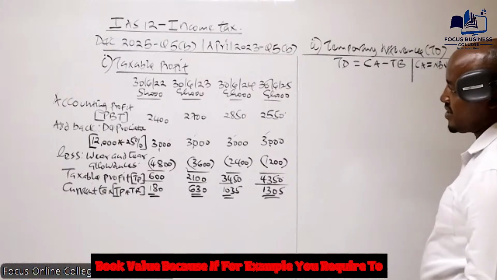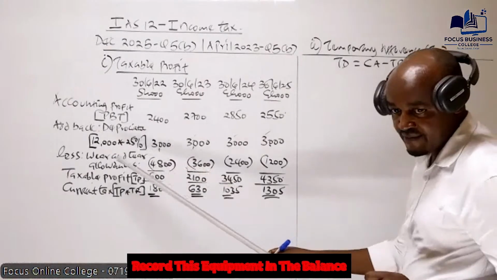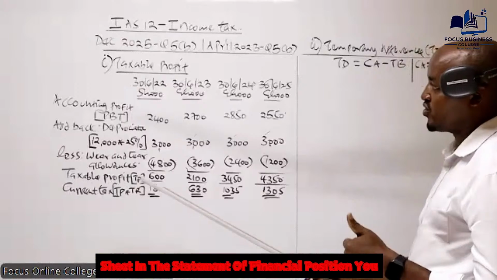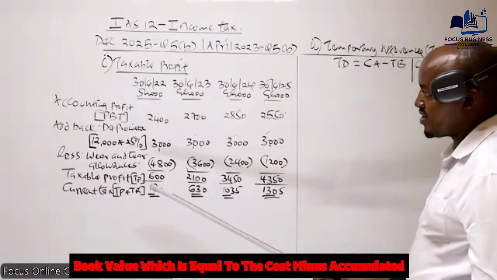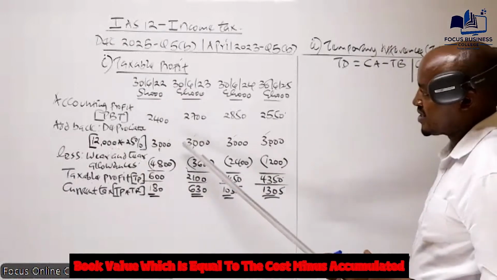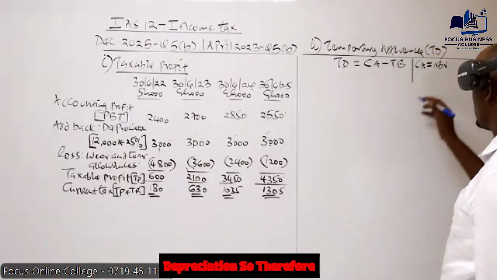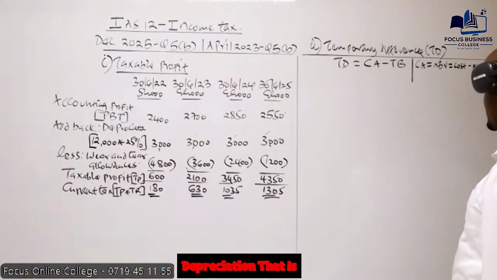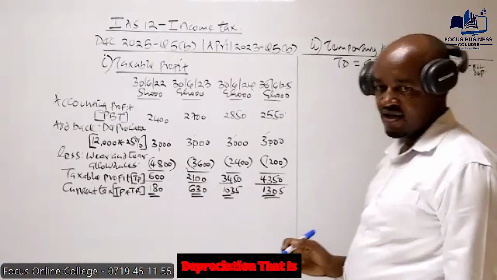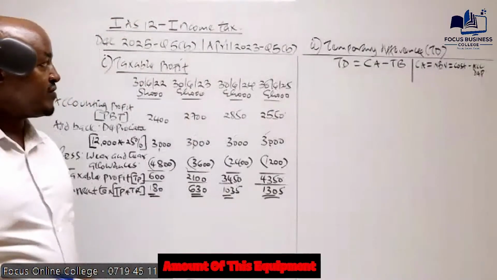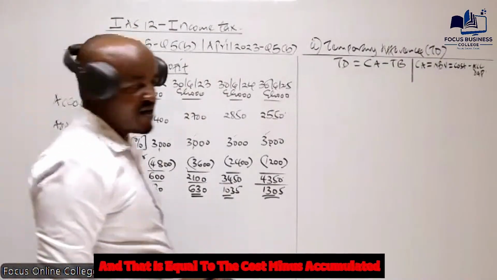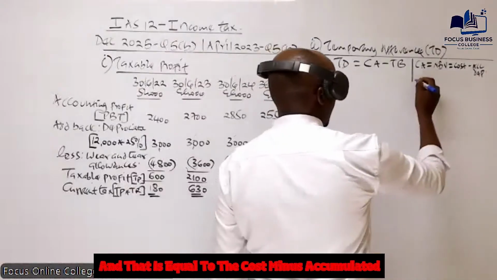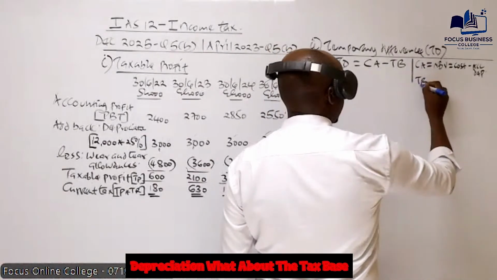If you are required to record this equipment in the statement of financial position, you record it at the net book value, which is equal to the cost minus accumulated depreciation. That is what is important for you to know. What about the tax base?